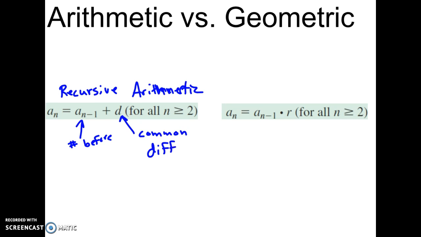Now that just tells us the number that we add or subtract by each time. And so obviously if d is greater than 0, our sequence is increasing, and if d is less than 0, we are decreasing.